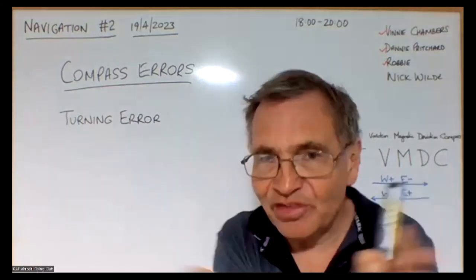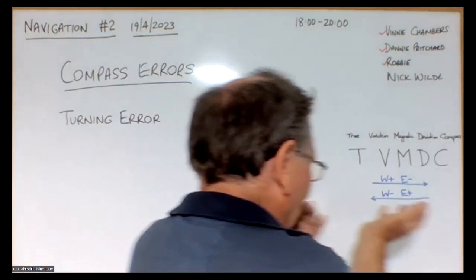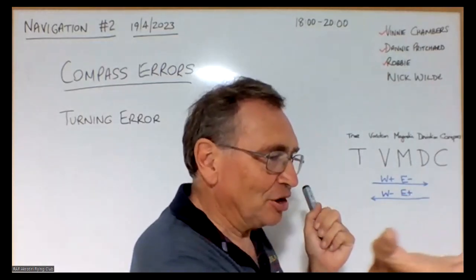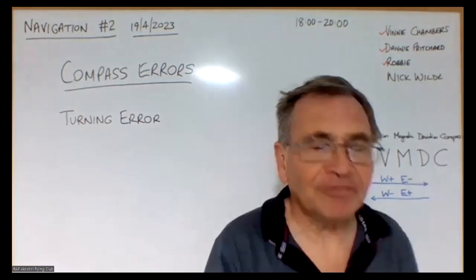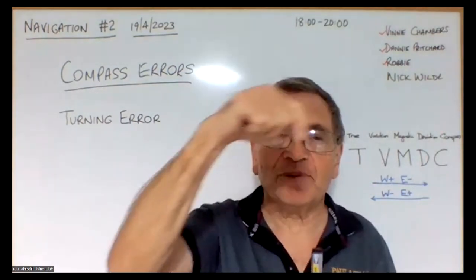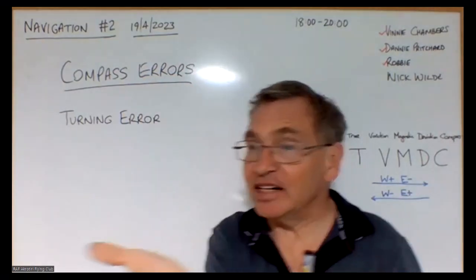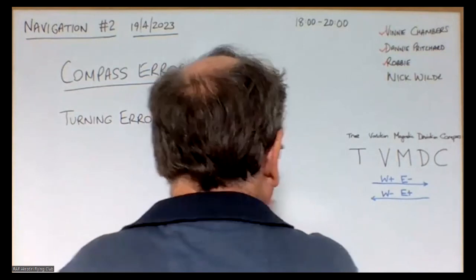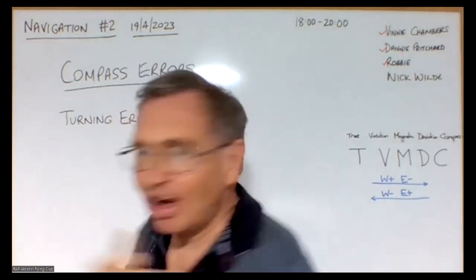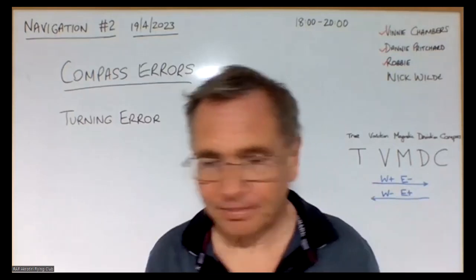I just move it around in circles at an exact constant speed. You would expect the compass to turn at exactly the speed that I was turning by, wouldn't you? But life is not that straightforward, and it doesn't.